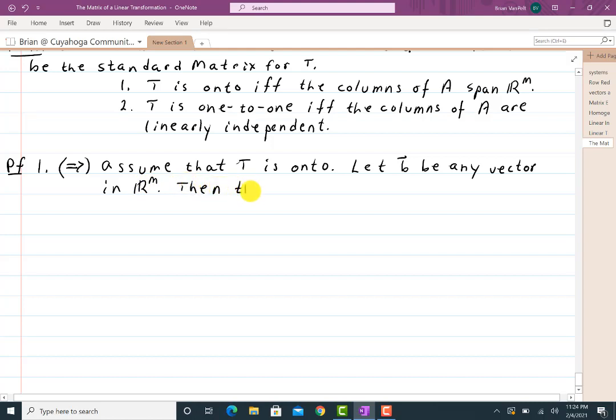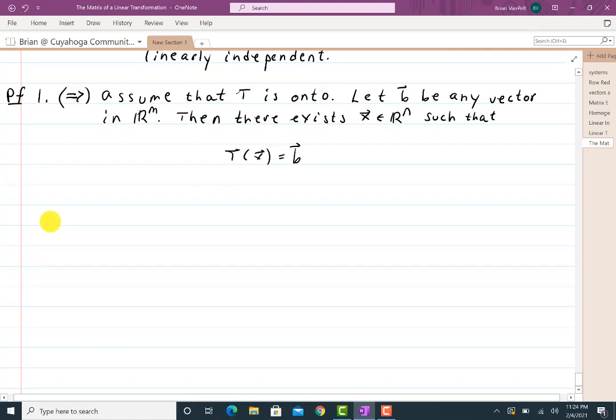Then there exists a vector x in R^n such that T of x equals B. That's what it means to be onto. I have something that maps to every single vector in the codomain. So now that I have T of x goes to B, I'm going to change this to Ax equals B. Remember, A is the standard matrix for T.